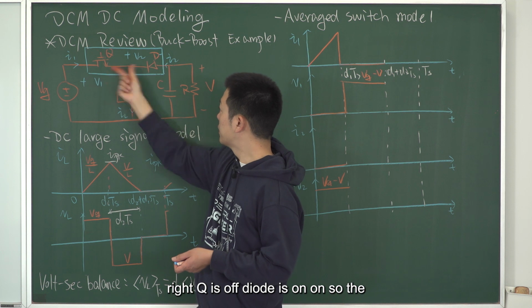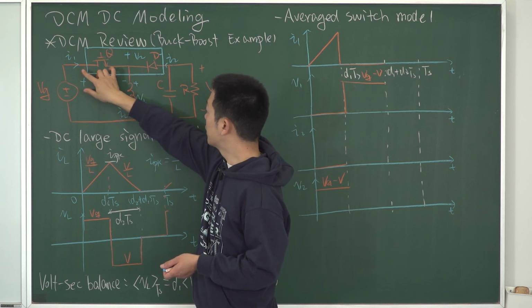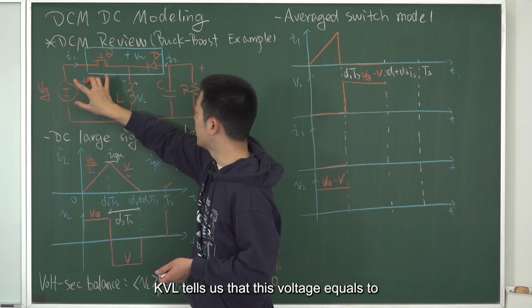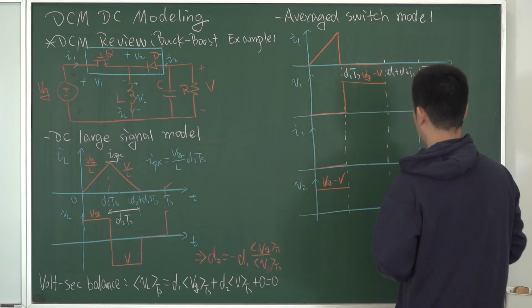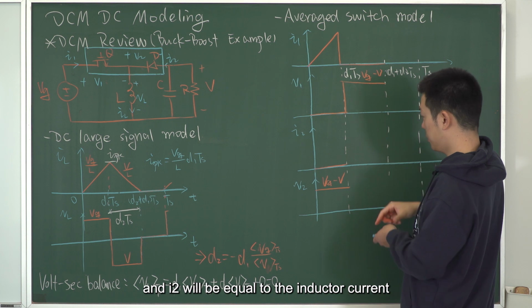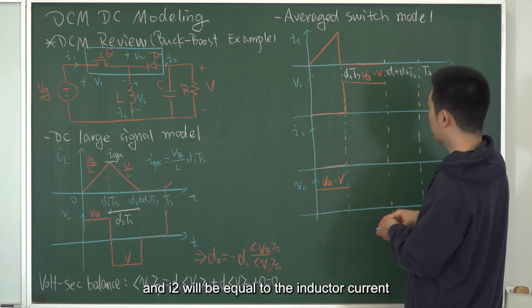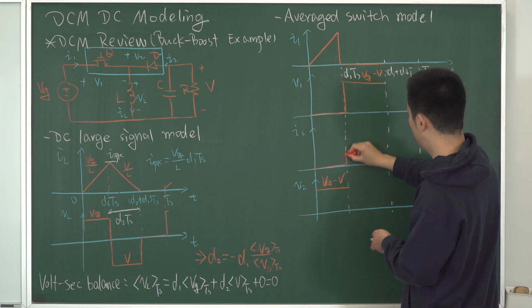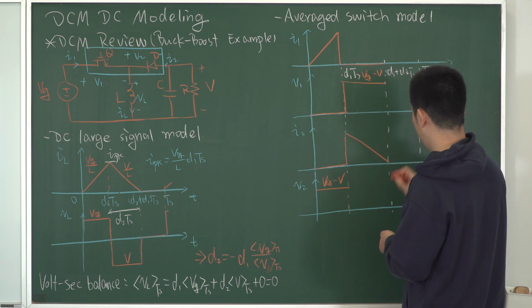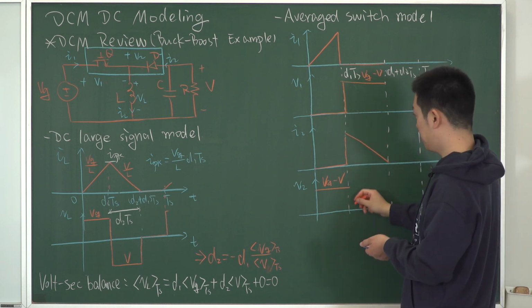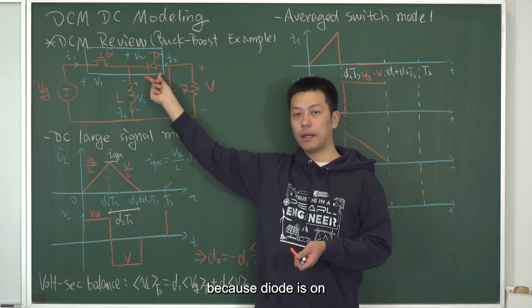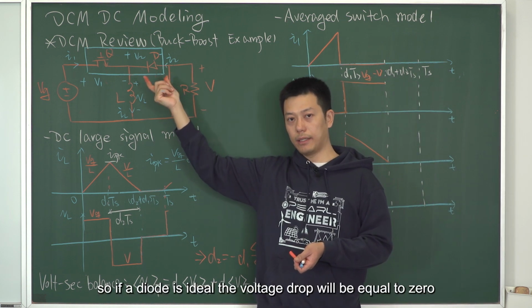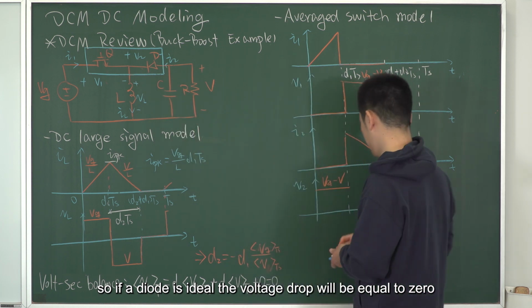Q is off, diode is on, so KVL tells us that this voltage equals the input voltage minus the output voltage. And I2 will be equal to the inductor current. And V2, because the diode is on, if the diode is ideal, the voltage drop will be equal to 0.